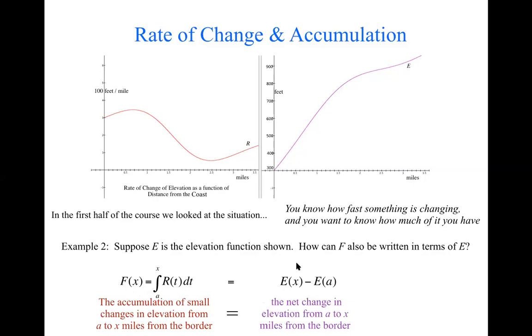The only thing that I don't know, this net change, I can find changes between two values, but I can't find any individual values of elevation without being given at least one to start with. And that's the equivalent of kind of the algebra 1 problem. Suppose I want you to write an equation of a line with slope 3.